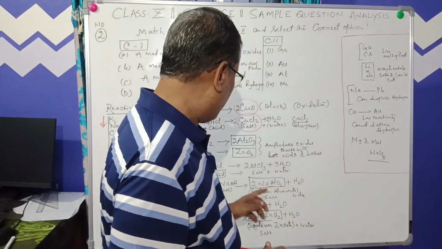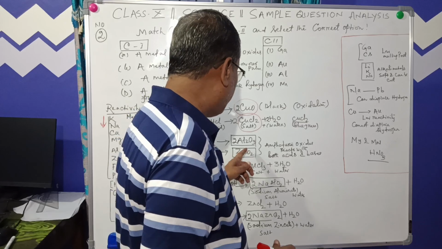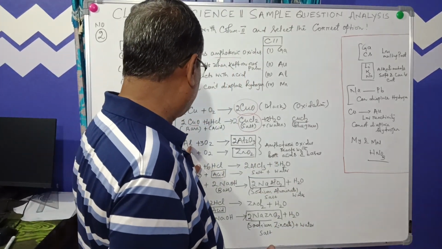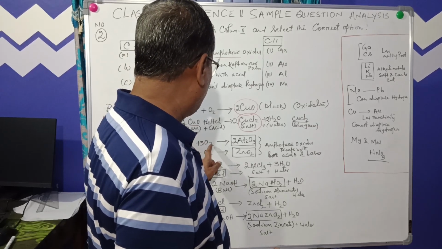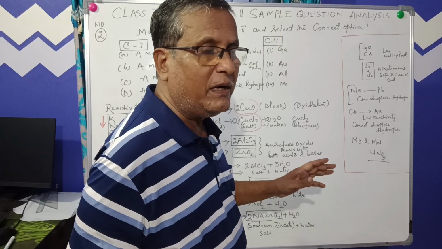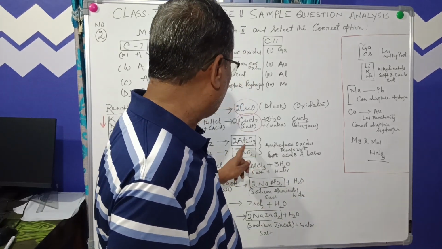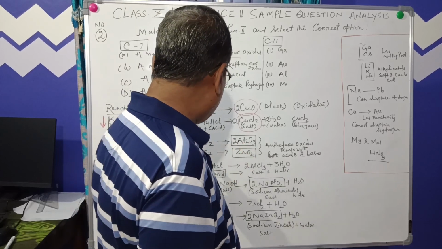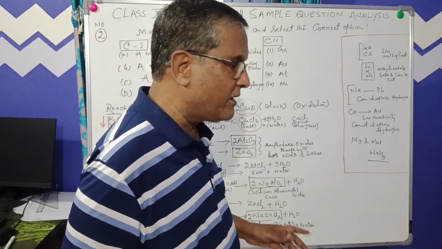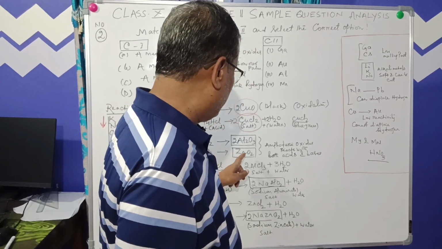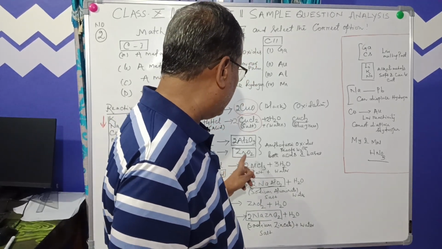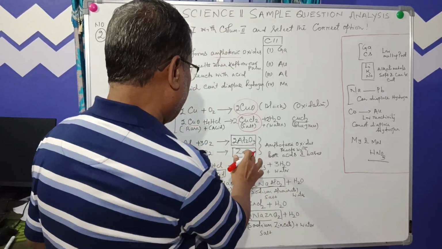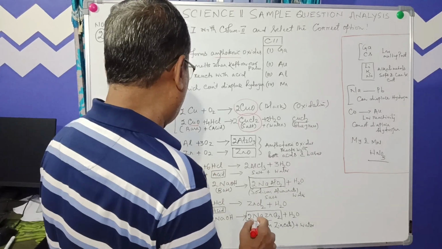Aluminum is a metal and when oxidized it forms aluminum oxide. 4 molecules of aluminum and 3 molecules of oxygen give 2 molecules of aluminum oxide, 2Al2O3. Similarly, when zinc is heated in the presence of oxygen, the product is zinc oxide, ZnO, which we have to balance.